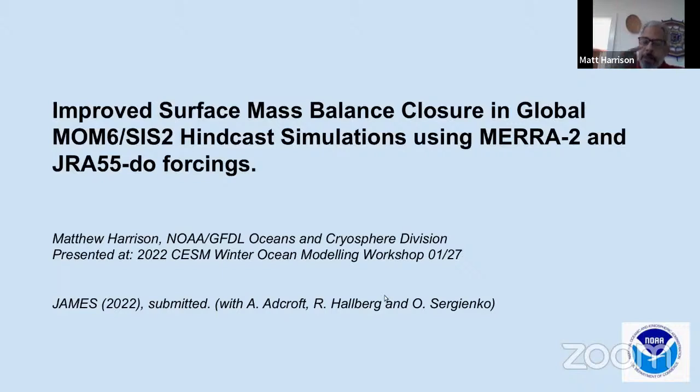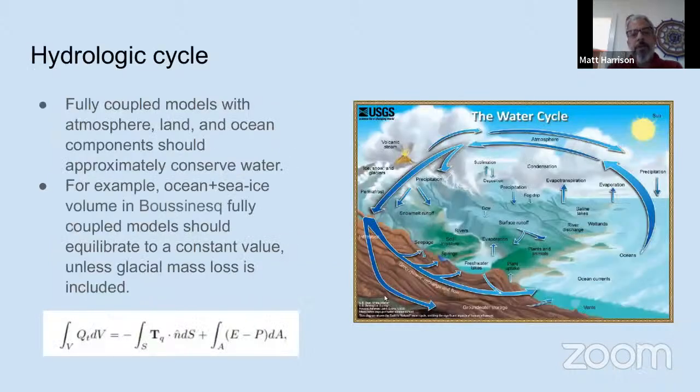This work has been submitted to JAMES with my co-authors here, and it's already been through the first round of reviews, so it should hopefully be out shortly. So, big picture, with the hydrologic cycle in a fully coupled model, water is approximately conserved.